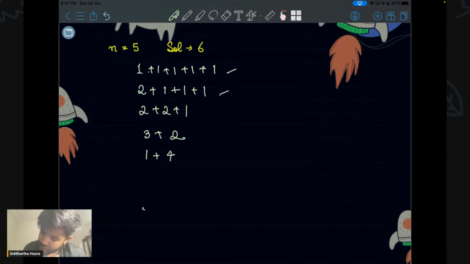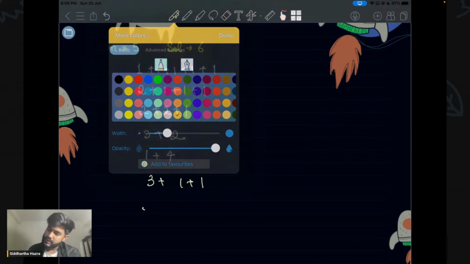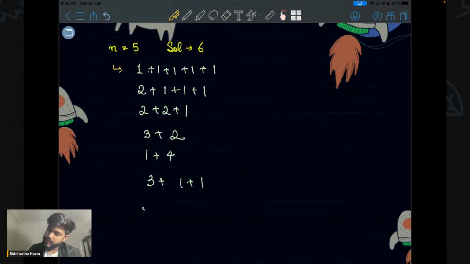So 1, 2, 3, 4, 5. Now let's find the last one. What we can have is something like 3 plus 1 plus 1. So now we have all the 6 ways we can write the value 5 itself. So we can have something like this, this, this, this, this, and this.